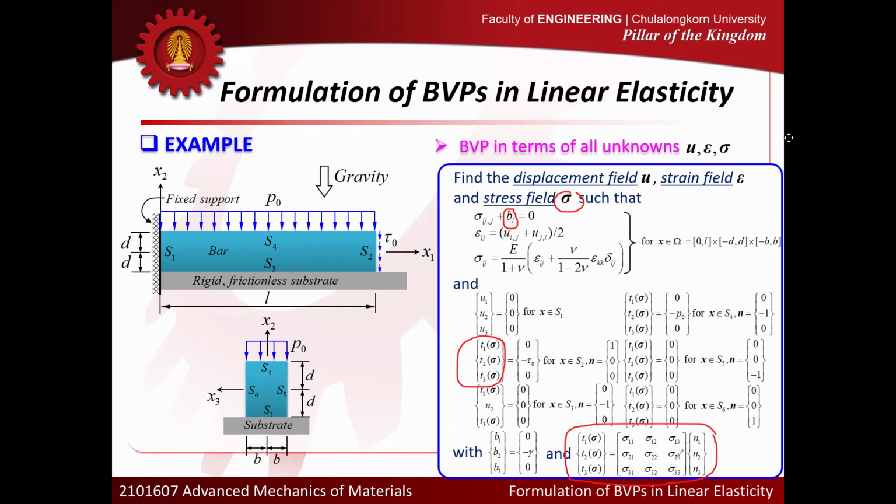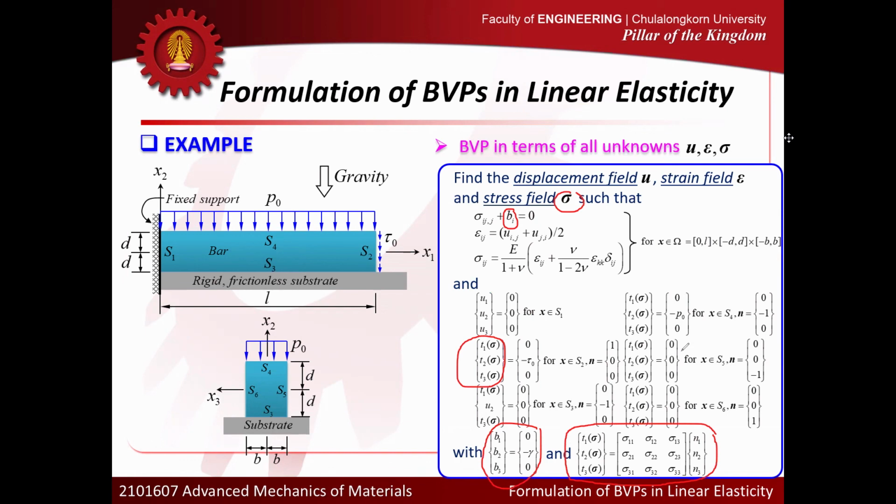Traction can be expressed in terms of stress based on the Cauchy formula. You just take the stress components as a matrix and take the product between the matrix and the vector of the unit normal to the boundary. Now you can get traction, so then you can verify this condition.